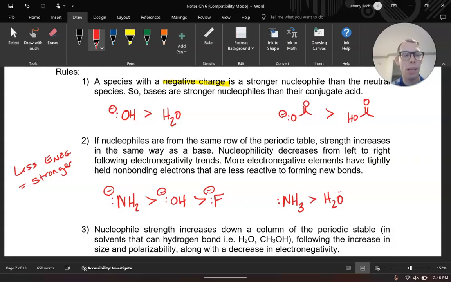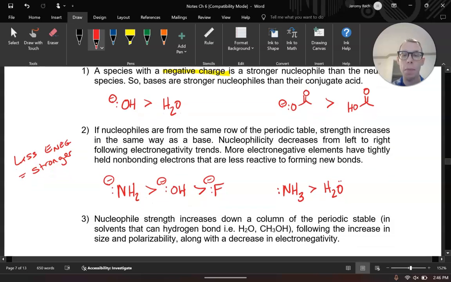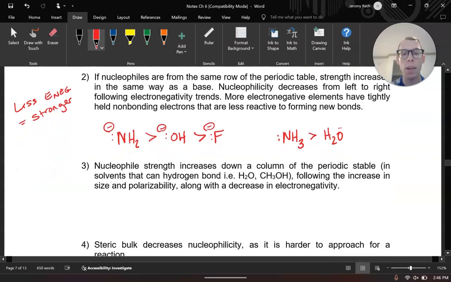The next is going to be the opposite direction on the periodic table. So instead of thinking about a row, let's think about a column. Your nucleophilic strength is going to increase as we go down a column, and it's going to be based on size and polarizability. So bigger atoms are generally going to be stronger.